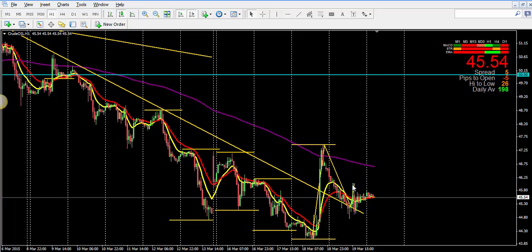We need to break above this swing high to continue towards the upside. This is scenario number one. If the buyers are still in control, this trend line will act as a support, and there will be trend continuation from here.